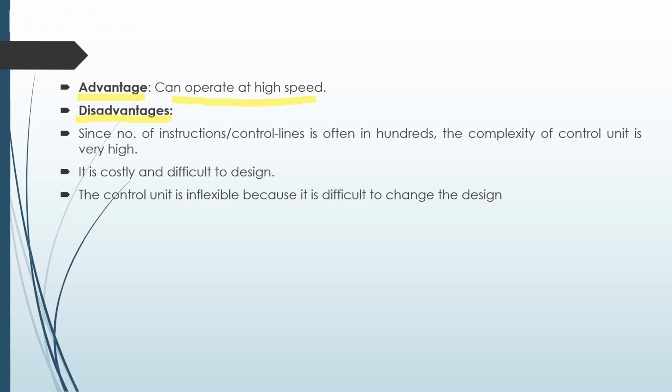The major disadvantages are that since the number of instructions times control lines is often in the hundreds, the complexity will be more. It is costly and difficult to design. The control unit is inflexible because it is difficult to change the design.